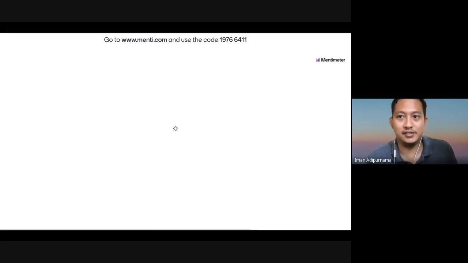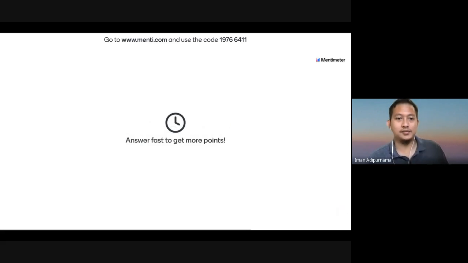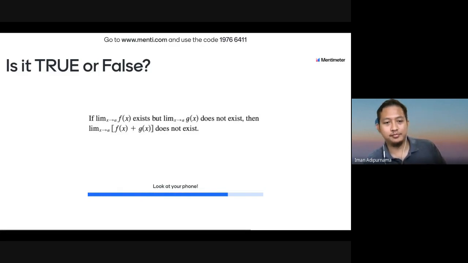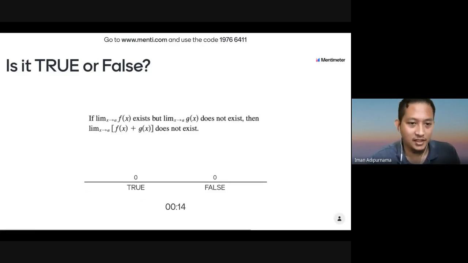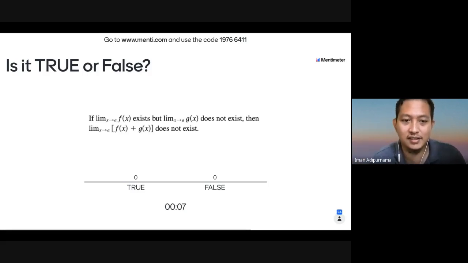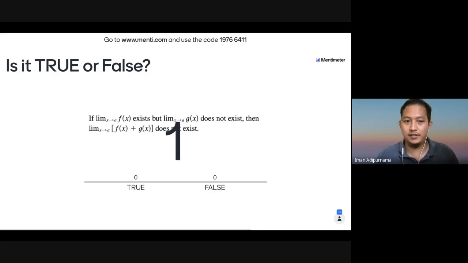Last question. 3, 2, 1. Let's start. You need to answer fast if you want to get more points. True or false? I think it's quite easy if you remember what we have done before. What happens when you have a limit?